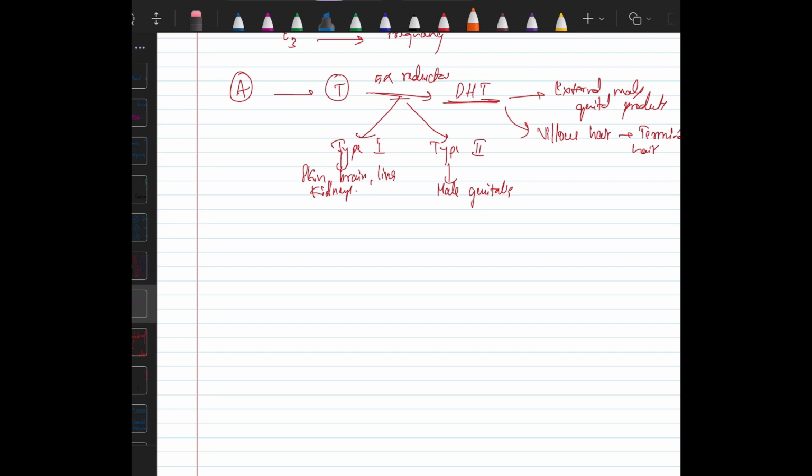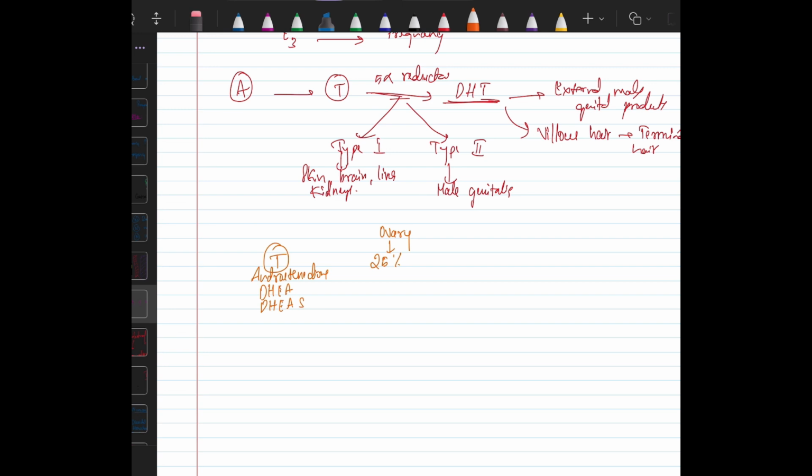So we'll just discuss. This ovary produces 25% of your testosterone, and it produces androstenedione as well, DHEA and DHEAS.